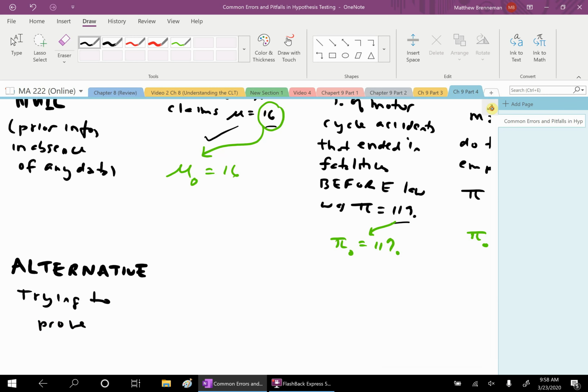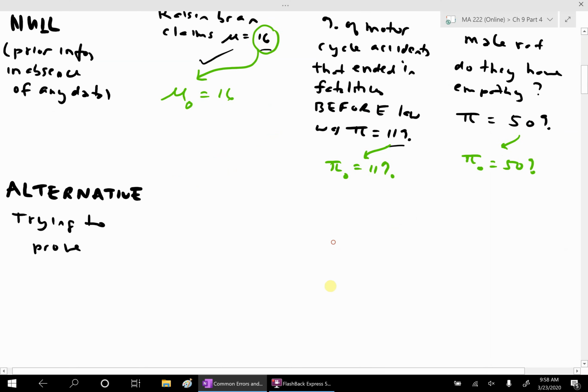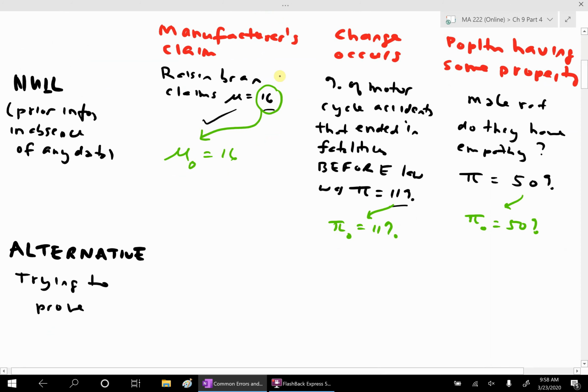If we go through each of these examples, if you think about a class action lawsuit, what are you generally trying to prove? You're generally trying to prove that the population average weight is less than the manufacturer's claim, right? So the alternative hypothesis here is that mu is less than 16.